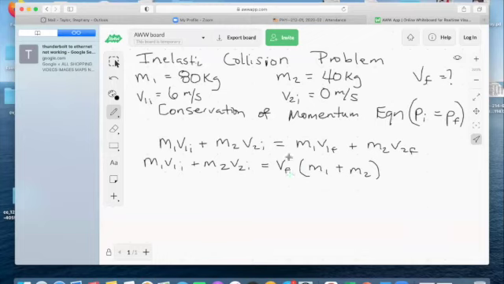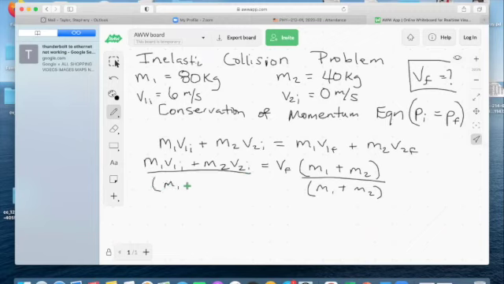All right, so to solve for V final, because that's the unknown variable that we need to solve for, we need to move M1 plus M2 to the other side of the equation, and we can do that by dividing by M1 plus M2 on both sides. What you do to one side of the equation, you have to do to the other.